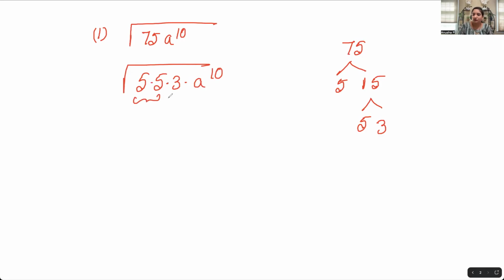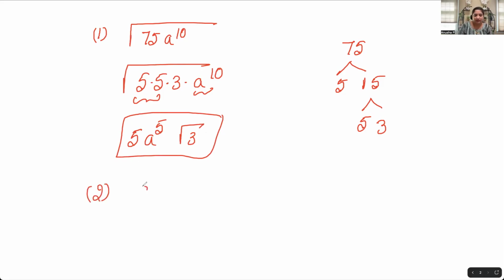If we have two 5's inside the square root, we can write one 5 out. And a to the power of 10 divided by 2 is a to the power of 5. We are left with root 3. If you have any doubts why we write two 5's inside the square root when it comes out it is only one 5, please watch my previous video. I explained it clearly in that video.